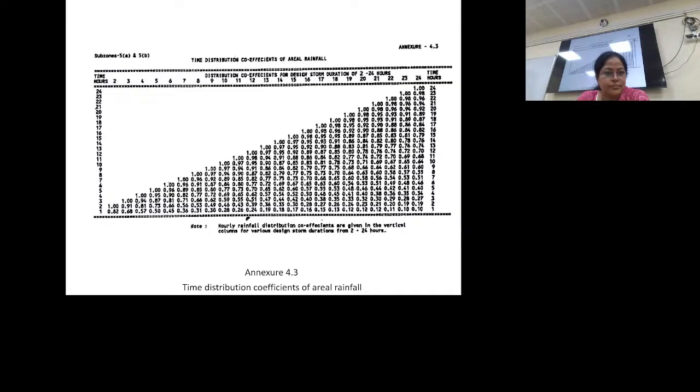You get a hydrograph for one. Suppose you have six unit hydrographs, because the storm duration is 6 hours. So you have to lag it by 1 hour, again multiply it, and get that. Lag it by 1 hour for the third hour, fourth hour, fifth hour, sixth hour. Then you sum it all up, and you get this final flood hydrograph. So that is the basic procedure we are following here.